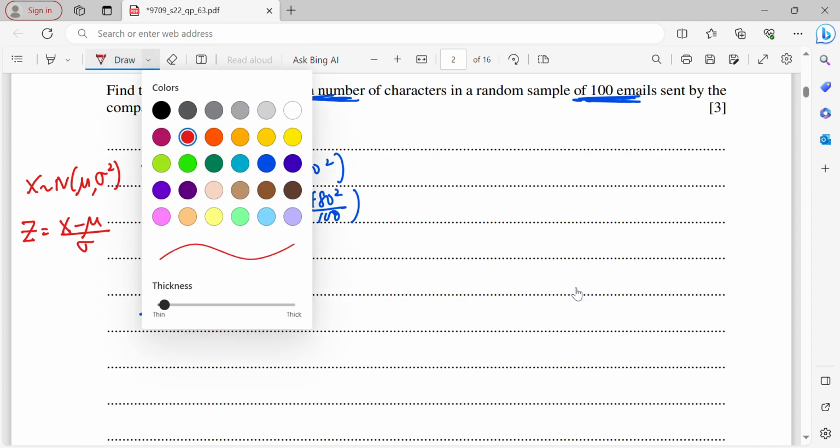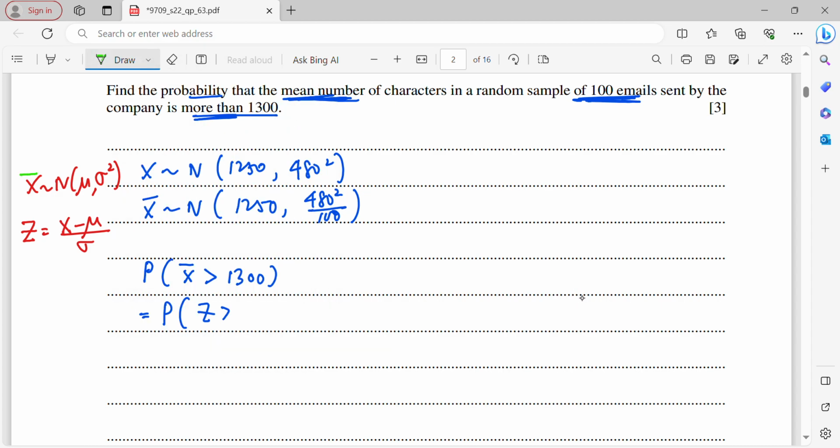But if you have X bar, this is over N, that means it is going to be sigma squared over N, then square root. That is the sample mean distribution. Then here I get 1300 minus 1250 over the square root of 480 squared divided by 100.